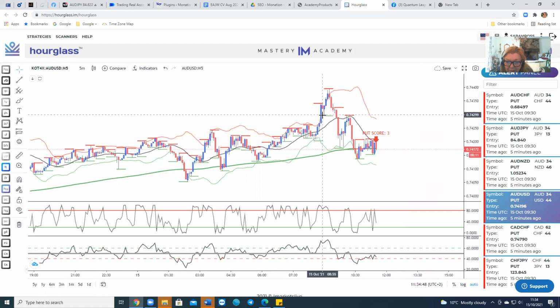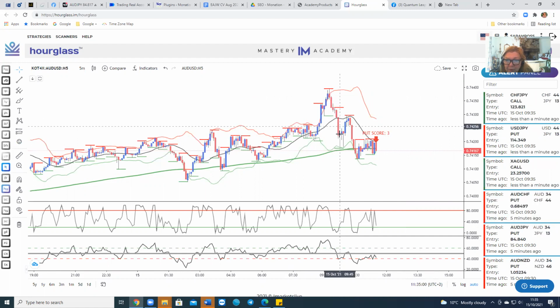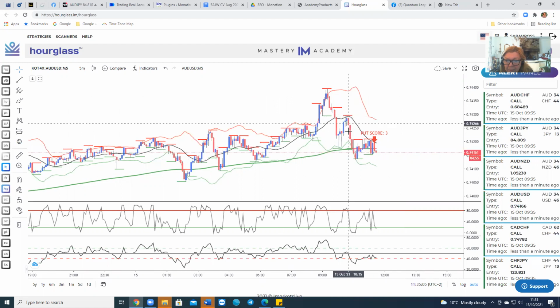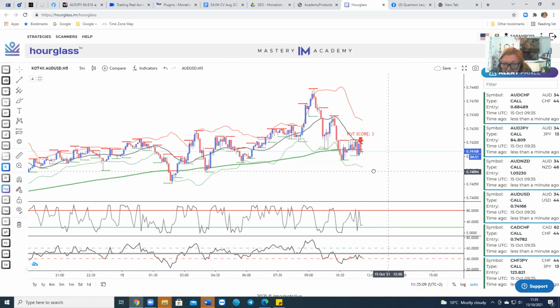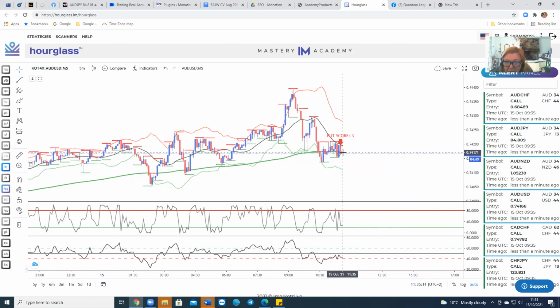That massive candle there, this is the London opening. And since then you can see how it's come off that Bollinger Band. It broke through the big candle, retested 5 candles down, and the moving average is turning green, red, green, red.